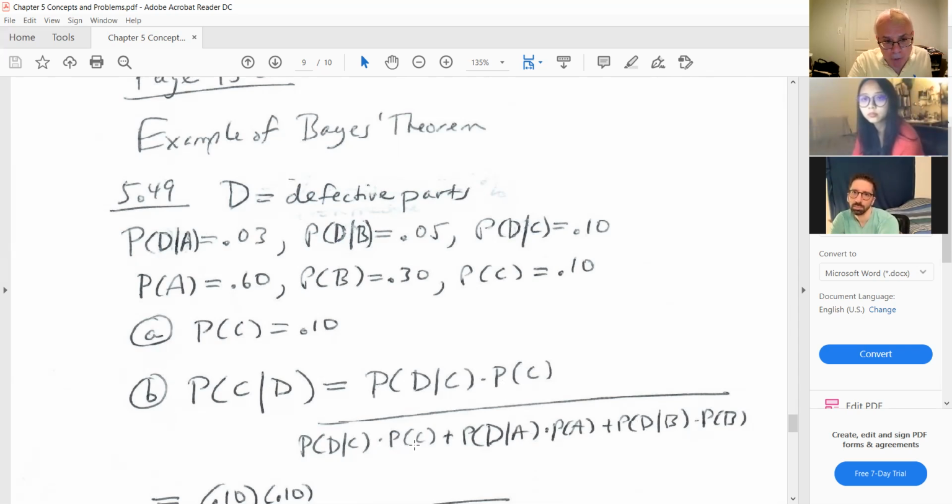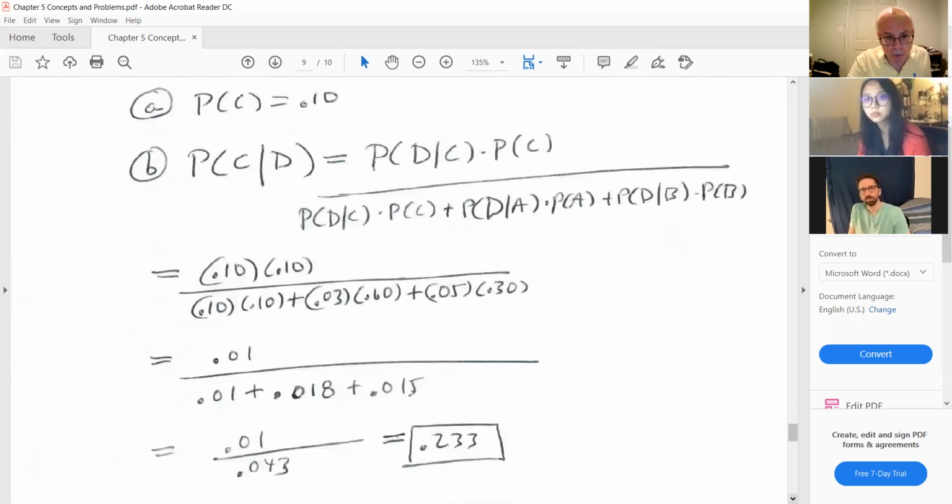Notice the denominator says that the probability that it's defective is equal to the probability it's defective and came from C, or the probability it's defective and came from A, or the probability it's defective and came from B. And then you create these three terms here, one of which is the one in the numerator.